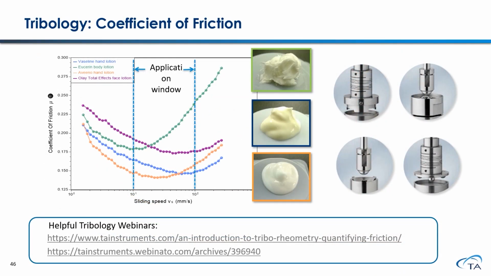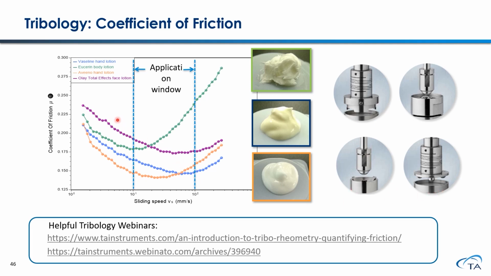In addition to studying viscosity and viscoelasticity of a sample using a rotational rheometer, we also provide our users some tribology accessories. Those accessories allow you to quantitatively measure the coefficient of friction. These accessories include a ring on plate, ball on 3 plate, ball on 3 ball, and also 3 balls on 1 plate.